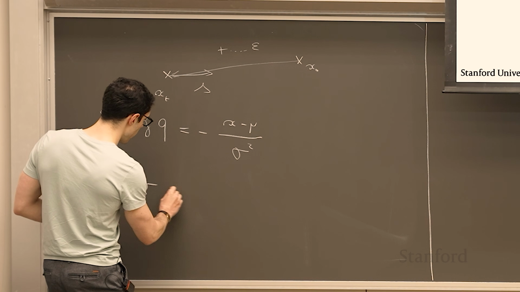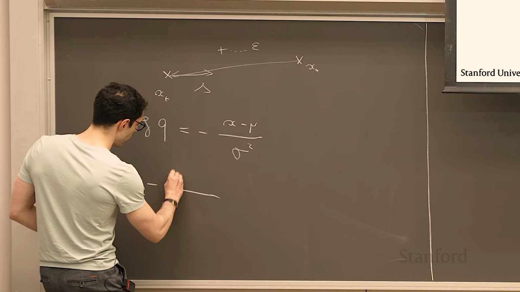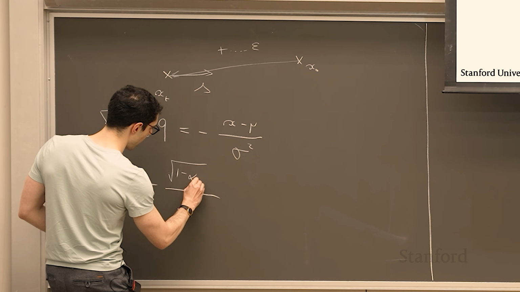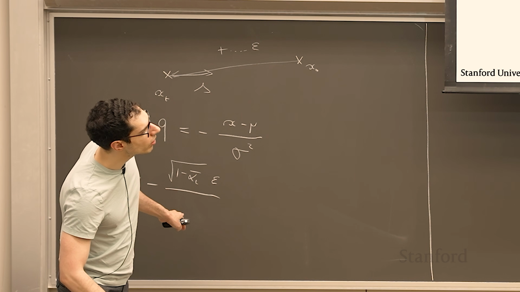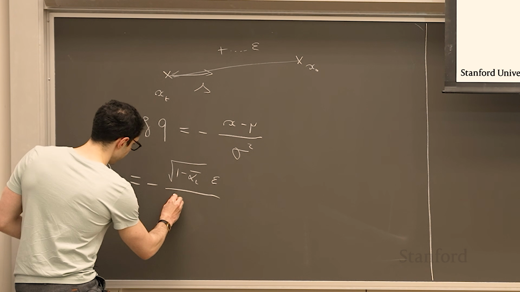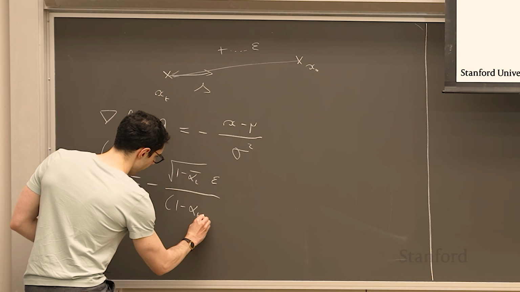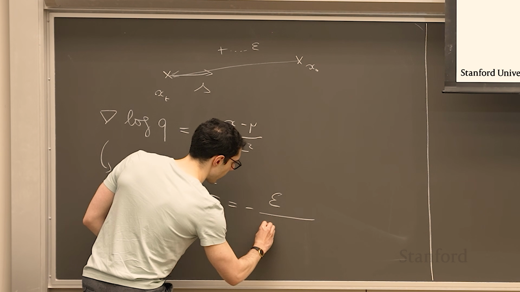So this gives you minus the square root of 1 minus alpha t bar times epsilon over your variance, which is 1 minus alpha t bar, which is exactly what you have on the slides.